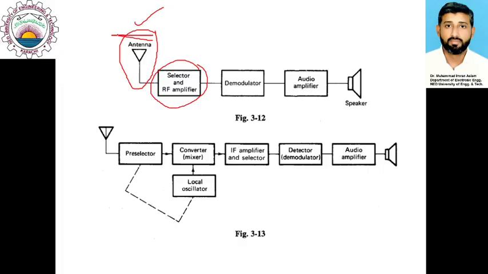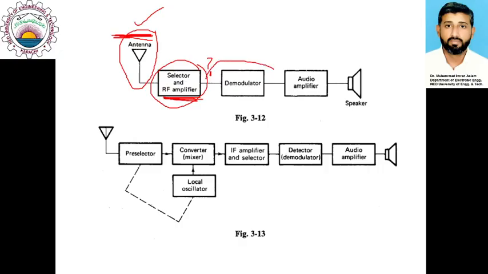Generally the received signal strength is relatively low, so in order to get a stronger signal, before any signal processing we generally need to use an amplifier. Immediately after an antenna we use an RF amplifier, so that we get a relatively stronger signal at the demodulation side.